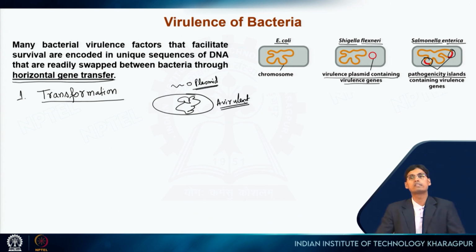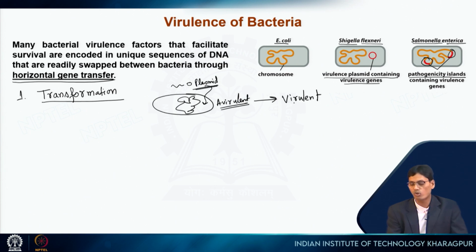For example, during Griffith's experiment I mentioned that rough surface bacteria, that is Streptococcus pneumoniae, cannot cause the disease, right. But whenever it took some DNA, then it becomes smooth surface bacteria and it causes the disease and it kills the mouse, right. So, similarly, if they take this free DNA, then this avirulent bacteria now can be virulent.